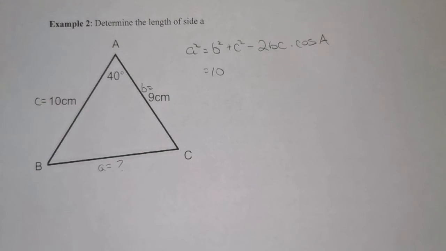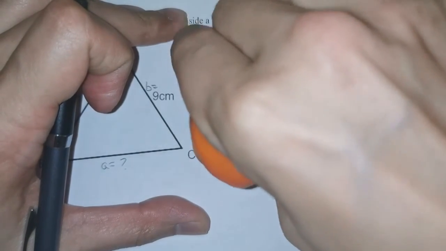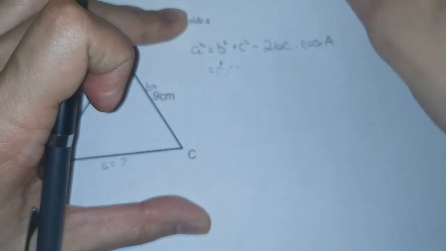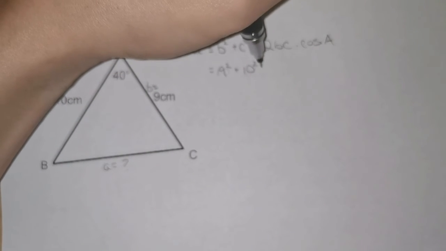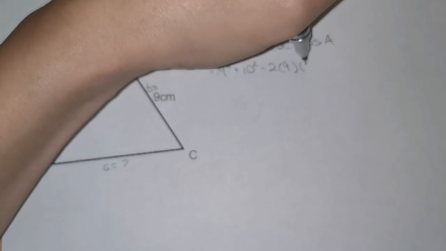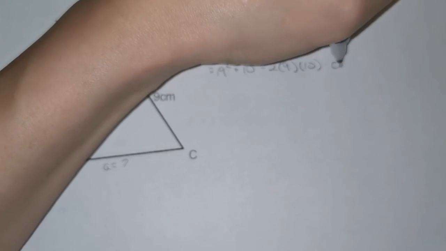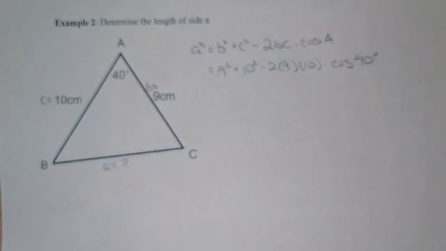Actually, that's not the correct order. B should be 9. So it's 9 squared plus 10 squared minus 2 times 9 times 10 times cos 40.